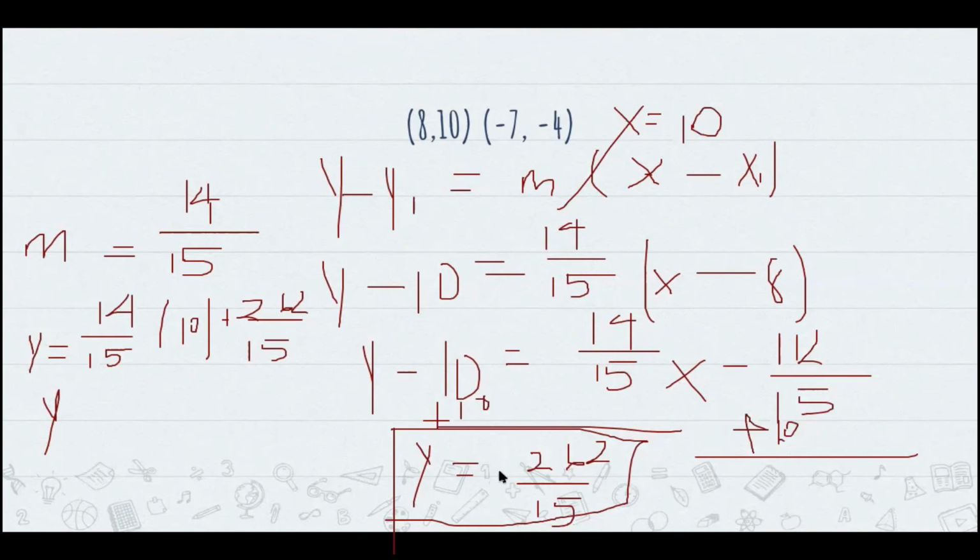Oh no, sorry, over here I forgot to add the 14 over 15x. Sorry, this is the equation we'll be using. So yeah, we just plugged in the x, which was 10, to find our y value. So 14 over 15 times 10, 28 over 3, plus 262 over 15.